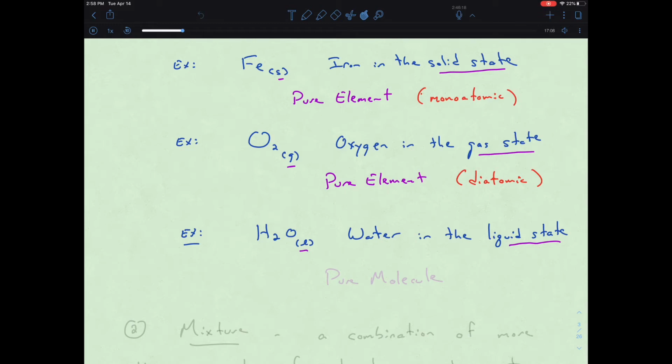And this would be a pure molecule. So if we're just talking about one entity, whether that be elemental or a molecule, if it's pure, there won't be anything else that's actually in there.